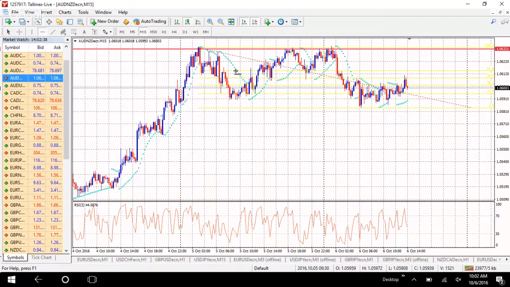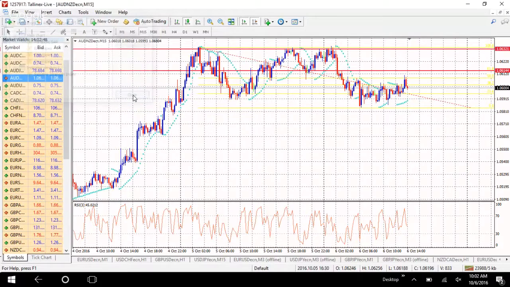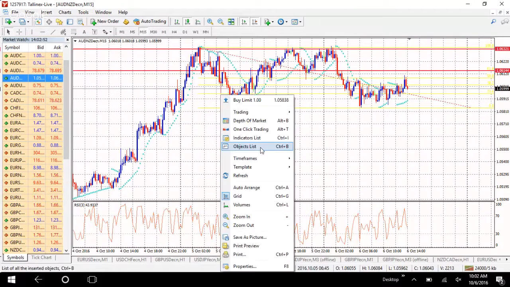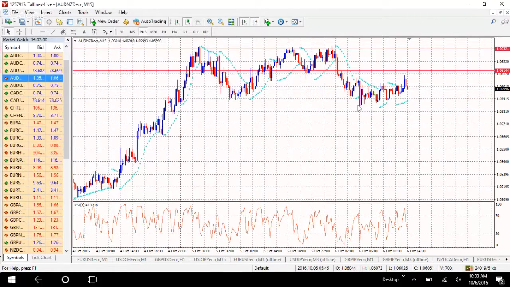All right, let's see if we get a move up there. Kind of close. I don't know if it's gonna go back up, but let's see if it does. If it does, then we sell this pair. I think this pair is reversing.